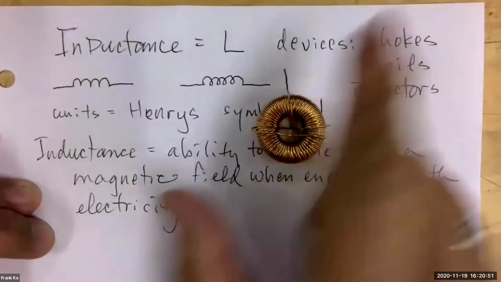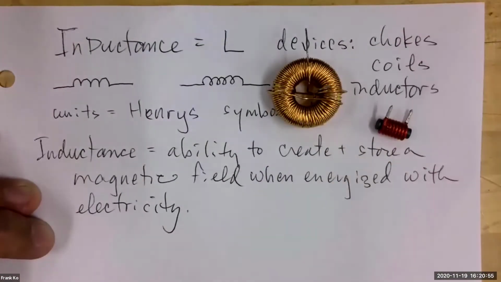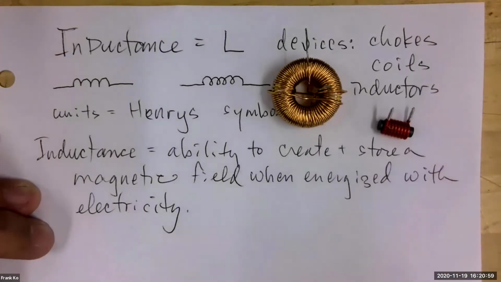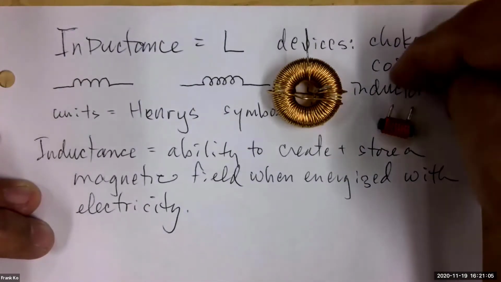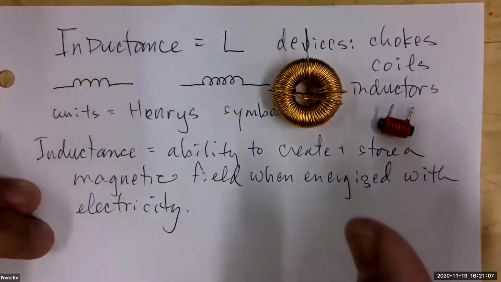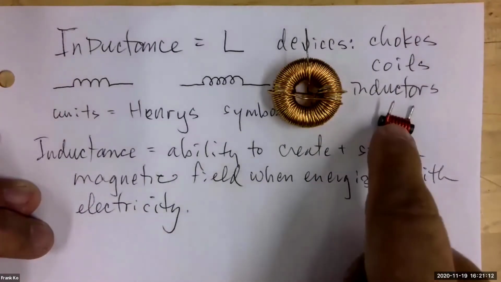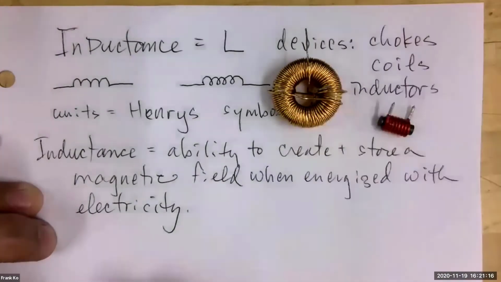So this little guy right here and this little guy right here, when we go to hook them up to a 9-volt battery, there will be a magnetic field that will be built up. As soon as we remove the voltage source, the 9-volt battery, whatever we hook up, the magnetic field will start to collapse. When it starts to collapse, it will push current out of that device, even though there's nothing hooked up to it.